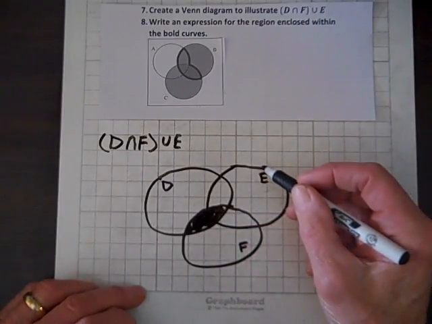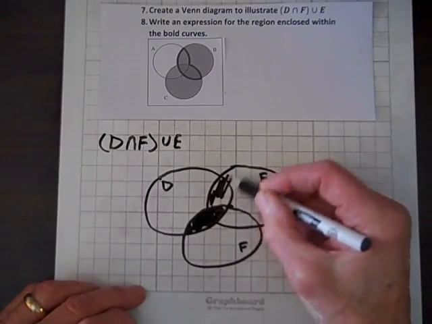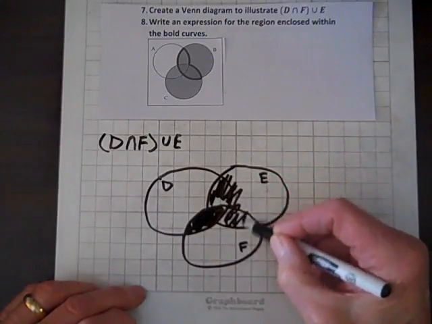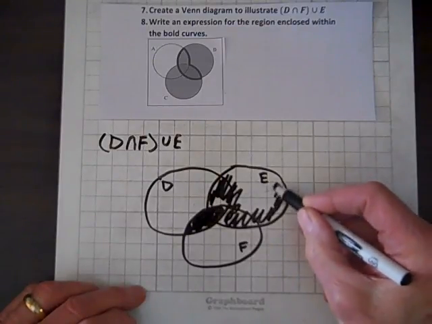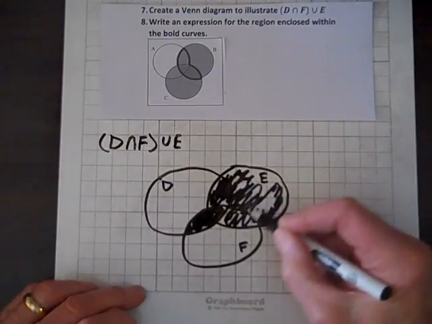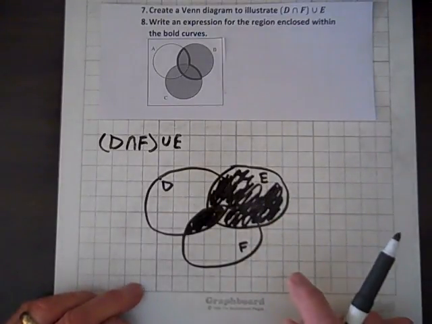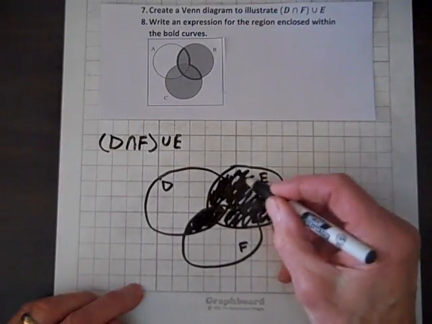And union with E. Well, this is E, so we've got quite a figure here. Isn't that interesting? Okay, there's our guy.